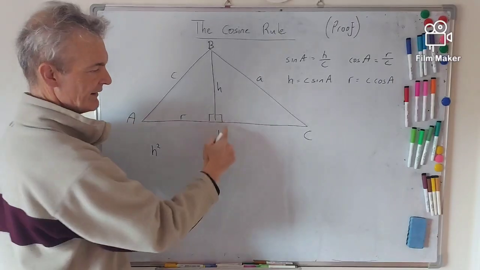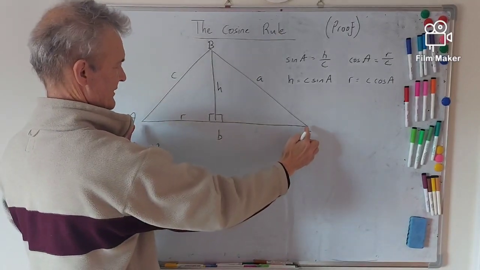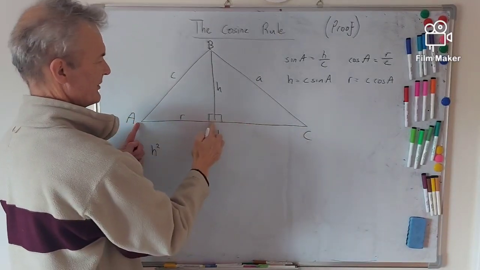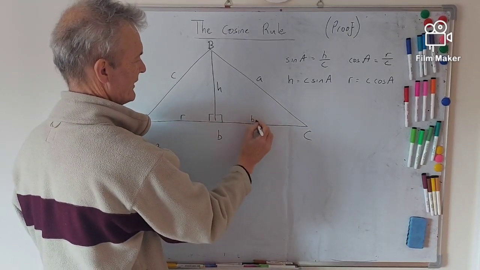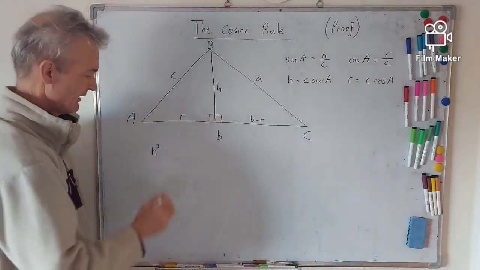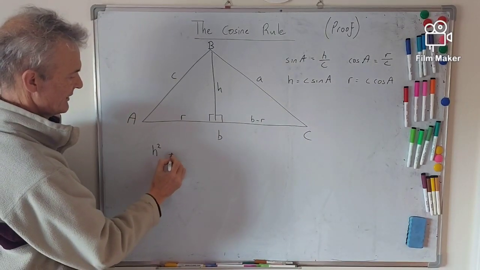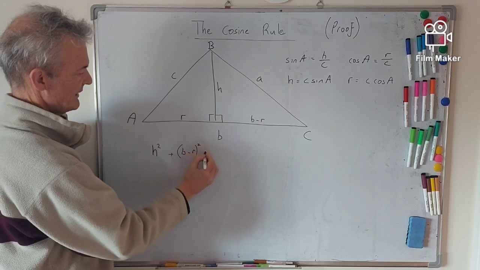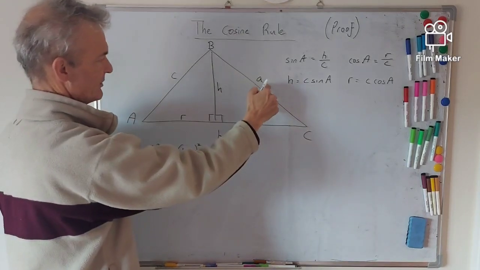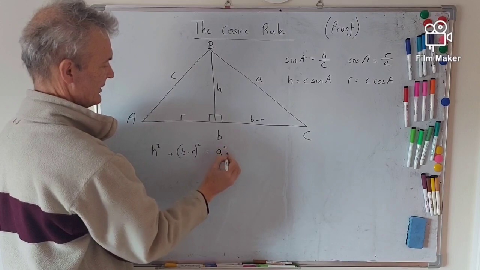So hopefully you can see that this side is B, and if I subtract R from it, that will give me that one. So that is B minus R. So I've got H squared plus B minus R squared, and that should equal this one squared, A squared.